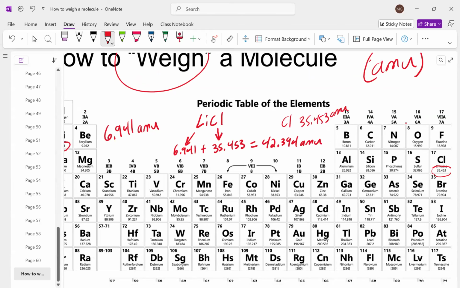So that's how much lithium chloride weighs. And as I said, later we're going to put this into more tangible units of mass, like grams.